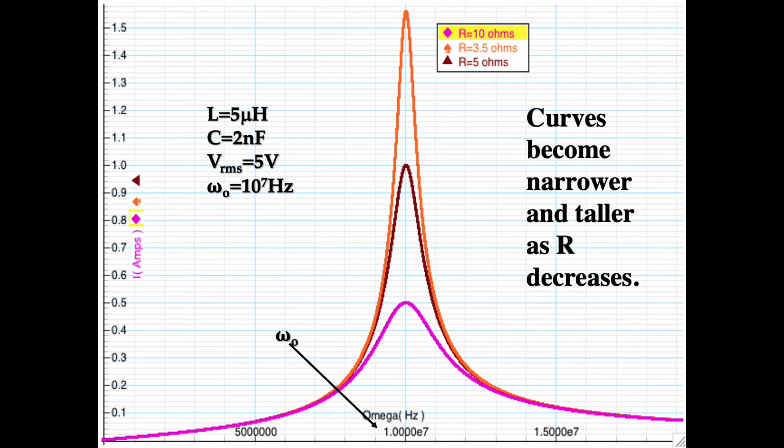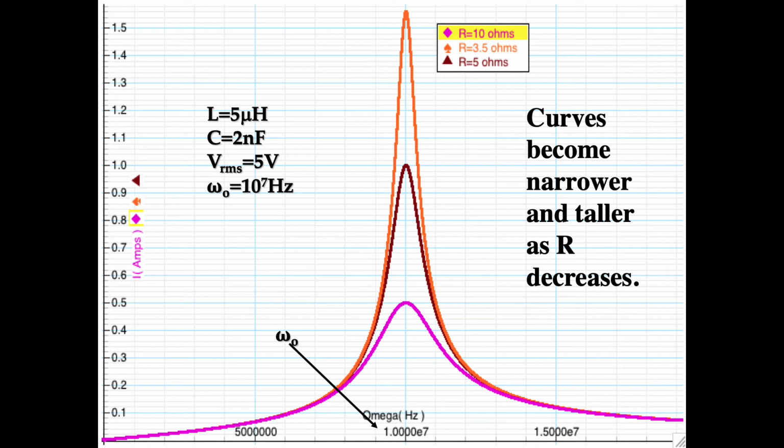The peak is narrower and taller. Now imagine you use an LRC circuit for tuning a radio, to tune to a radio station. Which peak would you want? Why do you want to use the 3.5 ohms? I mean, you're right, Patrick.